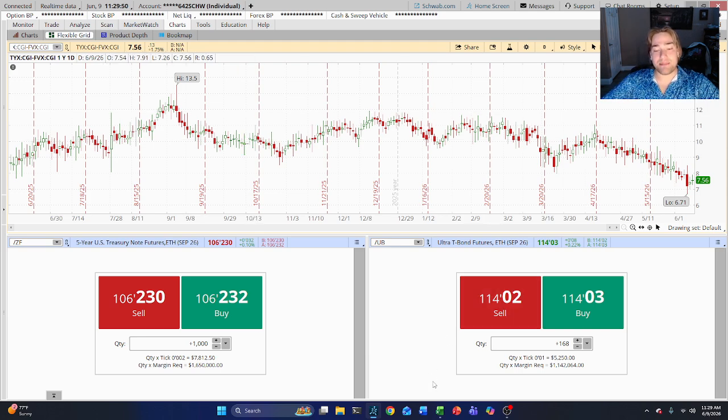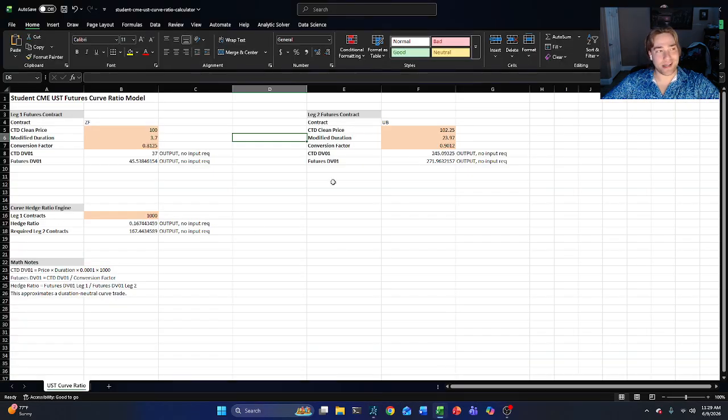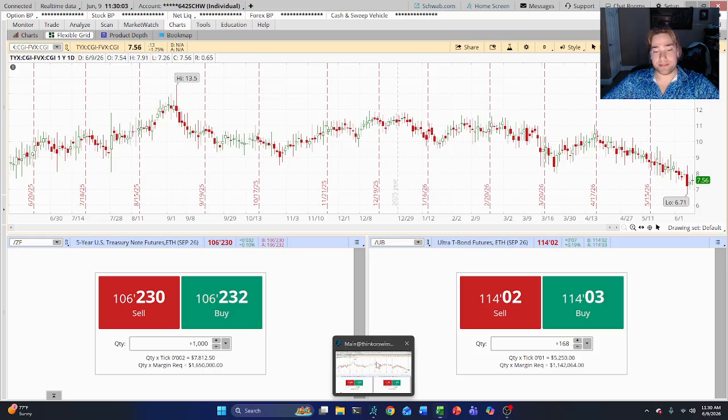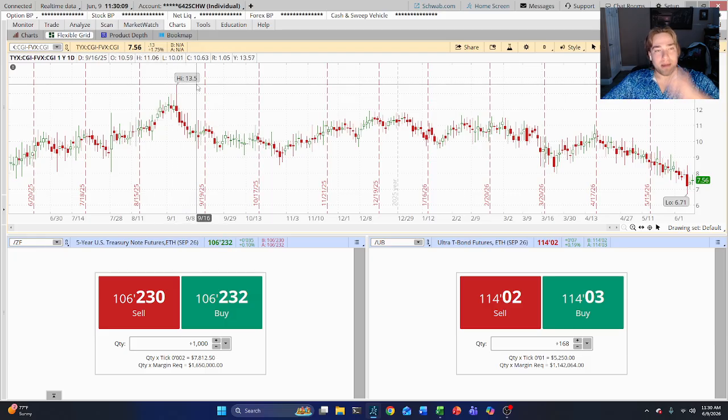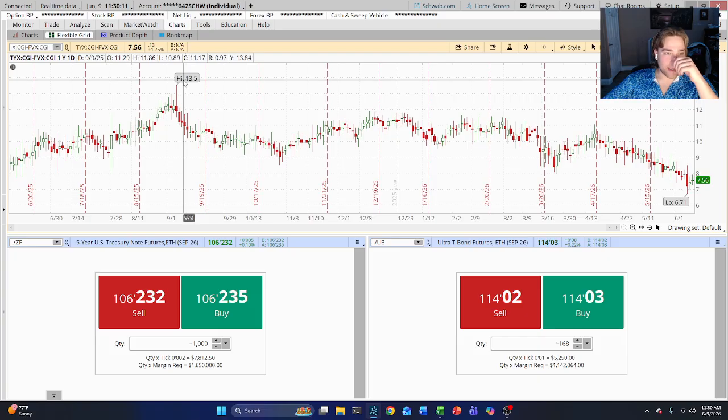The math gets complicated. In my GitHub, I actually show the hedge ratios between the futures and the CTD. That can change, but you'll also see if this was at about 13 and a half basis points here, and you can see it declines, the ratio declines.